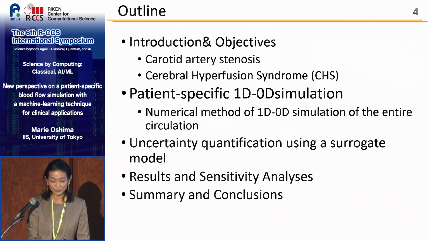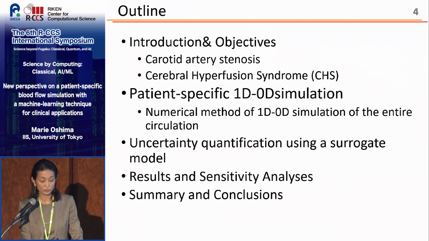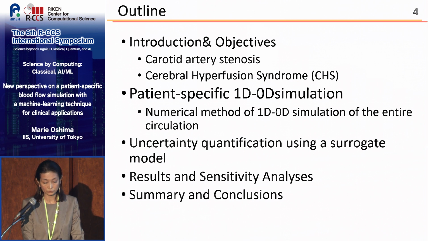So my talk outline is as follows. First of all, I'd like to briefly touch upon the introduction and objectives. Today's talk focuses on cerebral hyperfusion syndrome, which usually happens to a patient with a very severe stenosis, so I'm going to talk about carotid artery stenosis. Since we are trying to apply a machine learning technique, we need to have learning data.